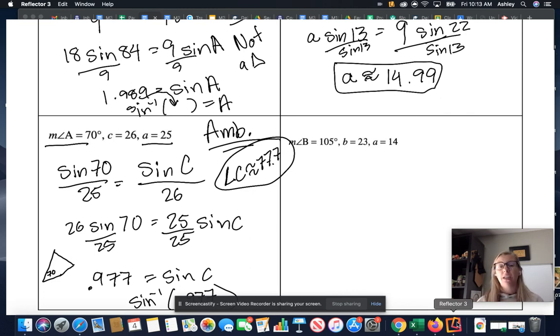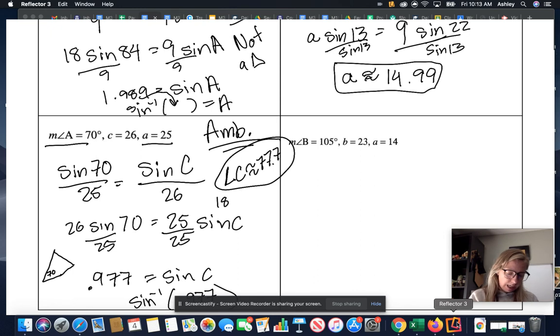So how we do this, it's actually pretty easy. All we have to do is take 180 and subtract that option, because right now we know two angles, right? We have a 70 and a 77.7. So when we subtract from 180, we find our missing one, but we actually don't know which angle is associated where, because we don't officially know where this side C is. So we have to account for both, whether it's in this location or this location, right?